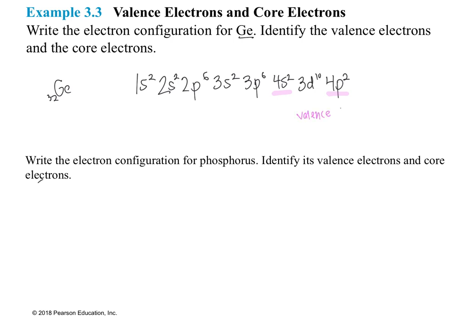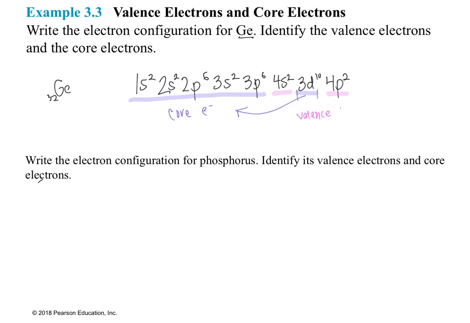And then on the other side of things, anything below 4, 3d and 3 and 2 and 1, these are all of our core electrons. And I know it looks kind of weird how the 3d is being sandwiched by the 4 energy level, but it is technically still part of the core electrons.